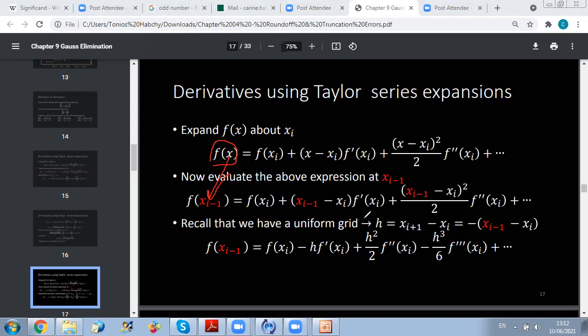So it's exactly the same method, but I replace x by xi minus 1. And when I do so, I am interested in finding the expression of f prime at xi. So also I will take all other terms to the other side. And since the increment is constant, is h, I can replace xi minus 1 minus xi by minus h.